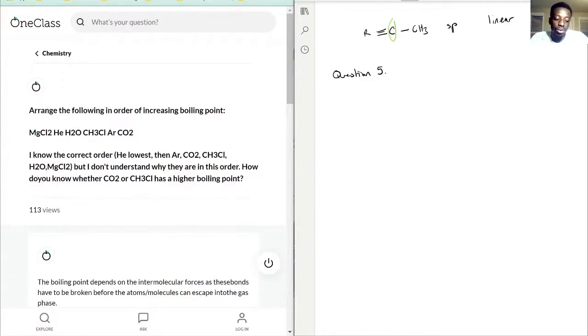We want to arrange the following in the order of increasing boiling point. So this person actually knows the correct order, but doesn't really understand why they're in this order. So let's just write it out. Arrange in order of boiling point.